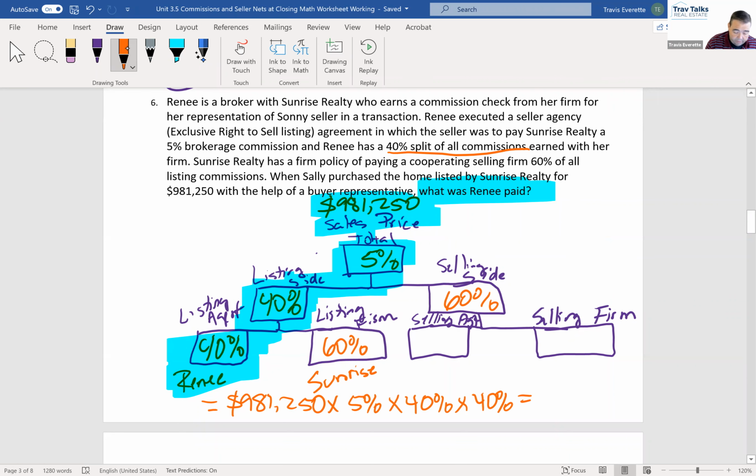Looks like $7,850, but hold on while I check that again. You should always do that yourself as well when you're typing a bunch of numbers into a calculator. 981,250 times 5% times 40% times 40%. Yes, $7,850 is what Renee is going to earn on that transaction. Renee personally will earn $7,850.